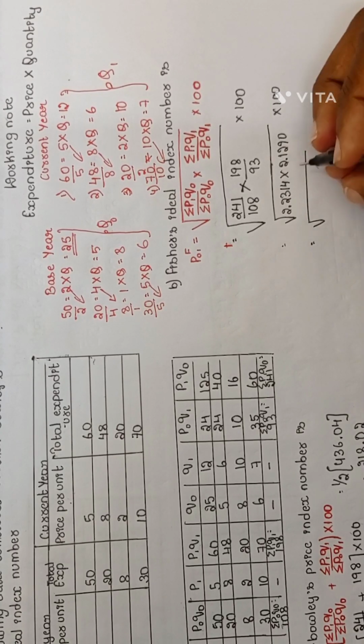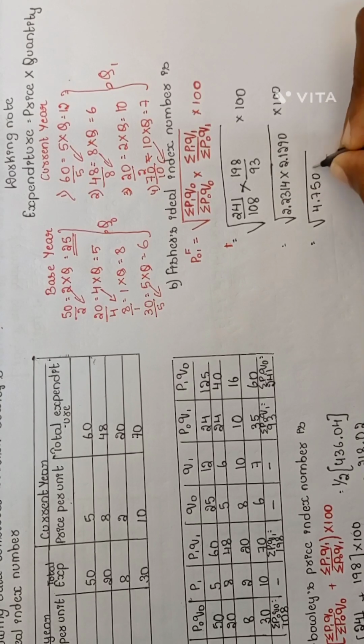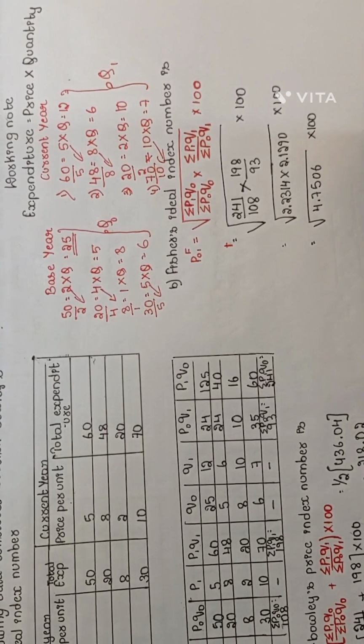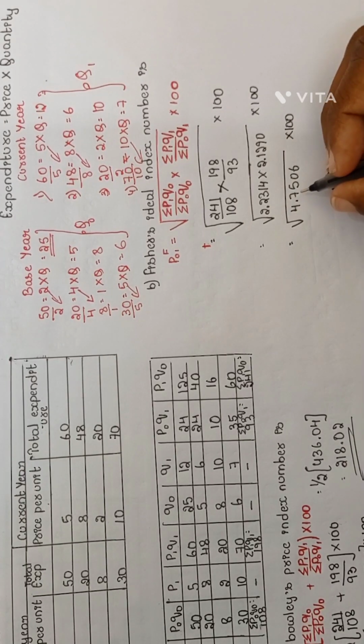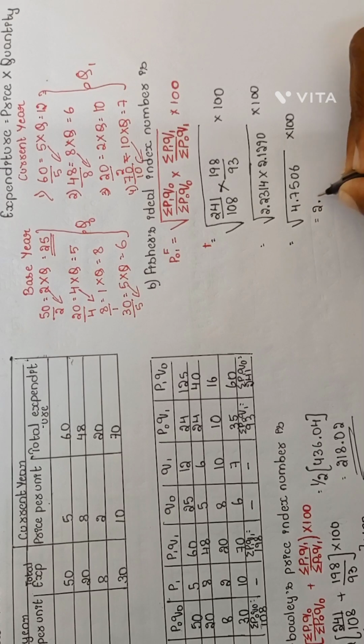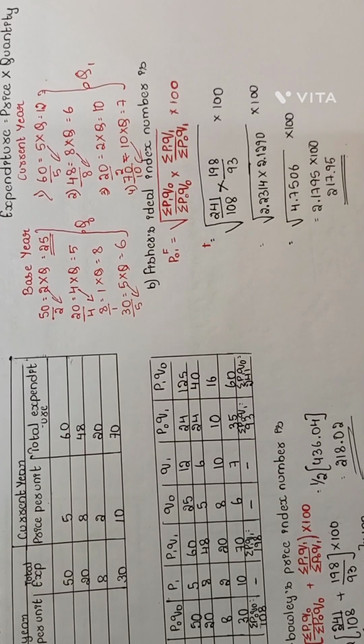If we multiply, we'll get the answer as 4.7506 into 100. So let me remove the square root. You do the square root of 4.7506 and the answer will be 2.1795 into 100. So that gives 217.95.